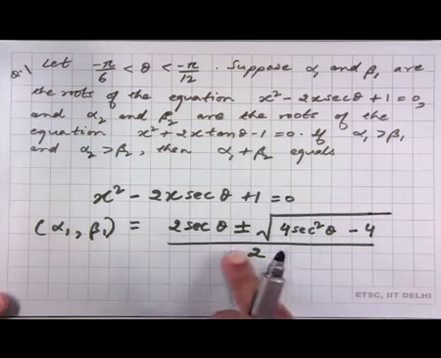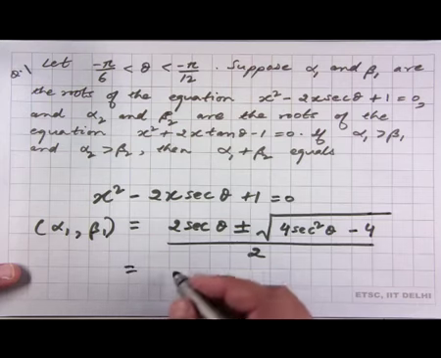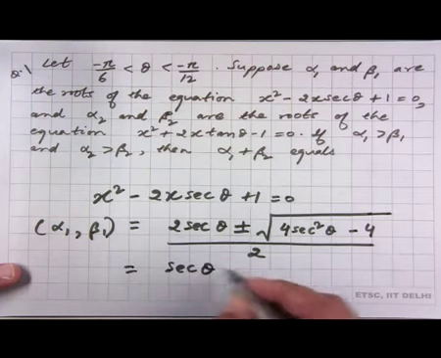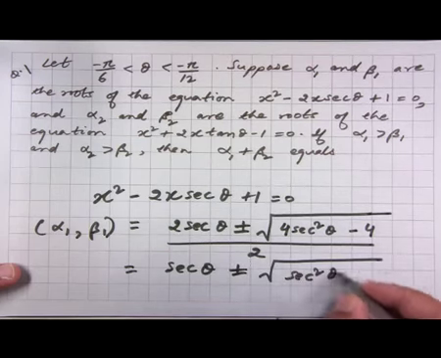So we get two roots, one with the plus sign, the other with the minus sign, and some simplification will give us sec theta plus minus square root of sec square theta minus 1.